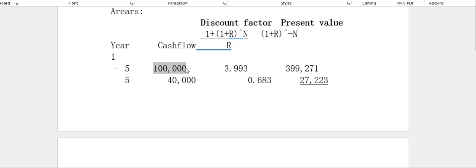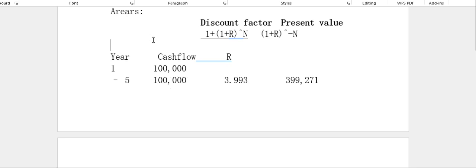For your calculation, it will now be 1 plus 0.08, that is the 8%, raised to power minus 1 for year 1.